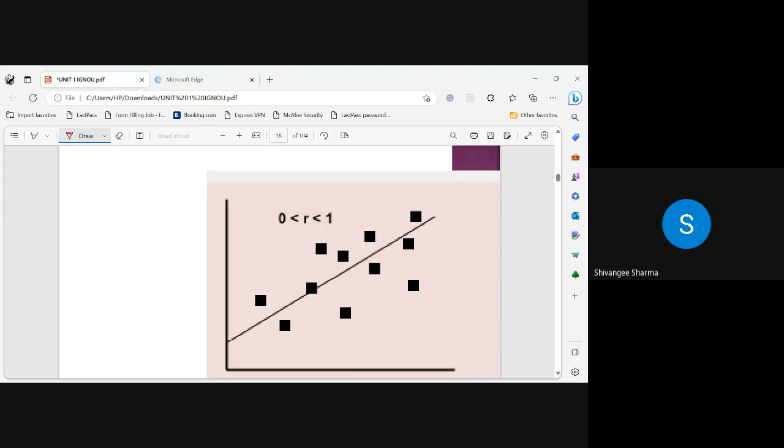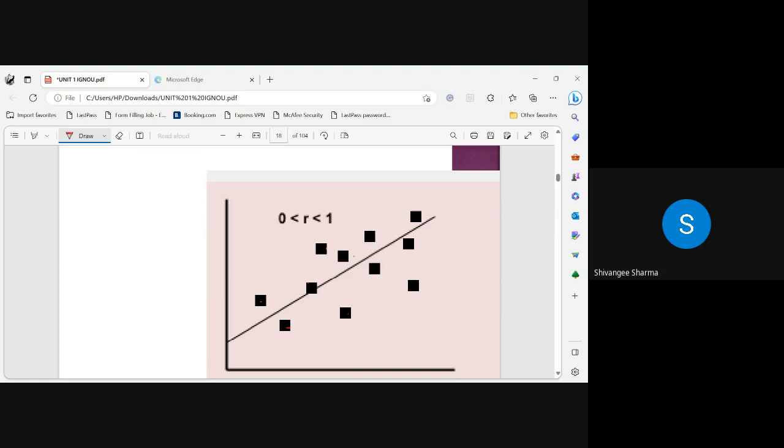In this manner, these are the values we find at different points of interval, and these diagrams are very useful for analyzing correlation between two sets of data. If we have two sets of data, they may be positively correlated, meaning if the value of one is increasing, the value of the other is also increasing, in a very close manner.